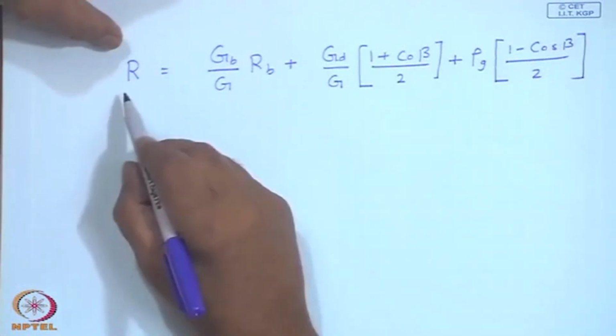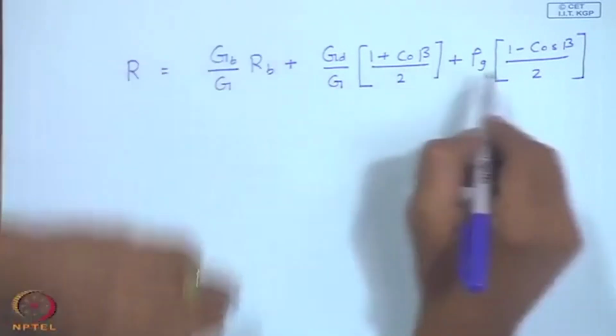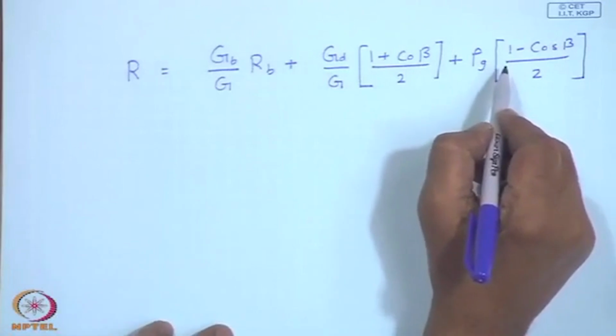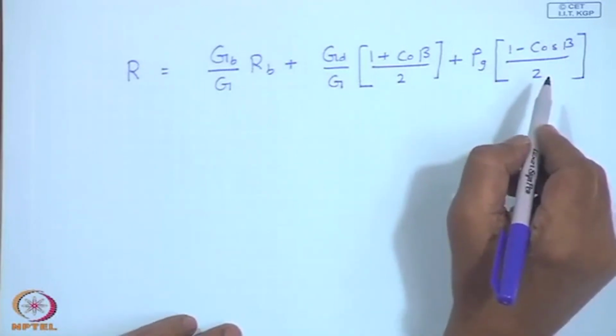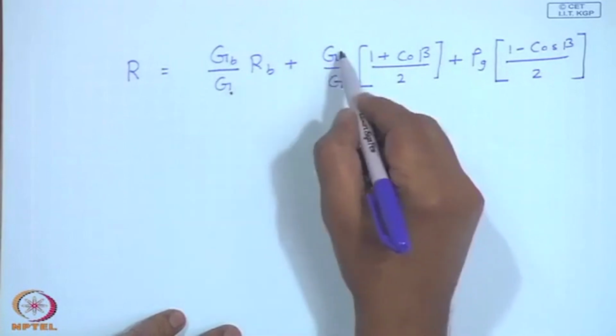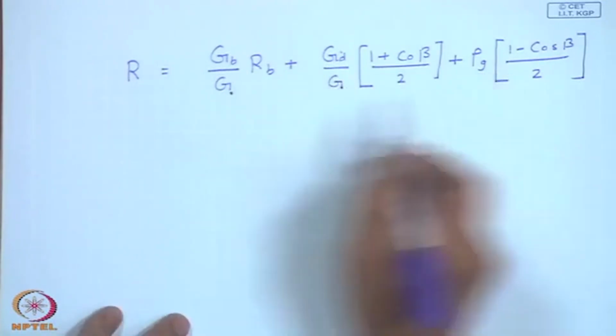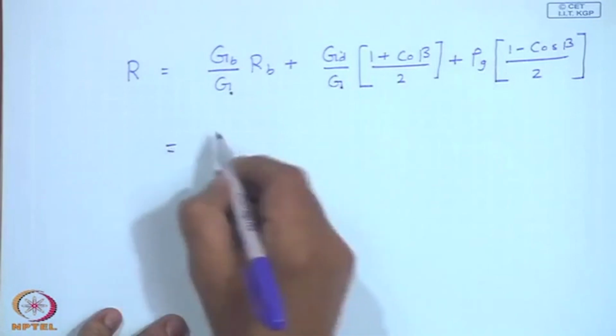If we multiply throughout with G, G into R will be your GT, and hence this is written in a particular fashion. Now, you will find that everywhere I have got a GB by G, GD by G, of course, this G gets cancelled.